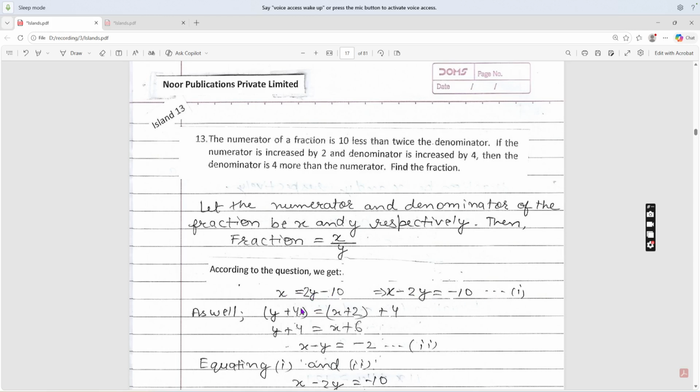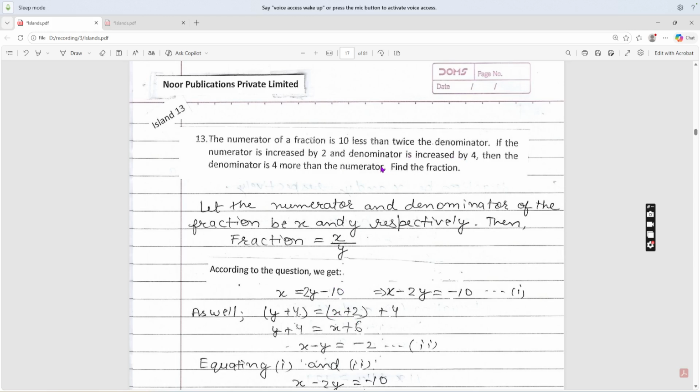Now also it is written that when the denominator is increased by 4, then the numerator is increased by 2, and the new denominator would be 4 more than the new numerator. Just see here, the numerator is increased by 2, so firstly increase the numerator by 2. So the original numerator was x, so when it is increased by 2, we are getting x plus 2, and the denominator is increased by 4.